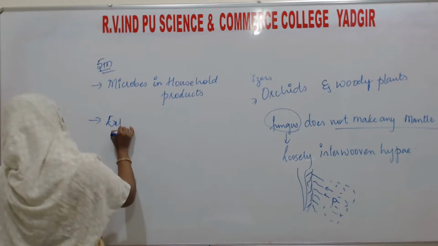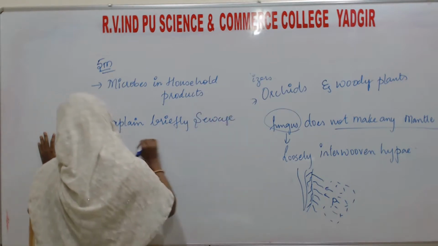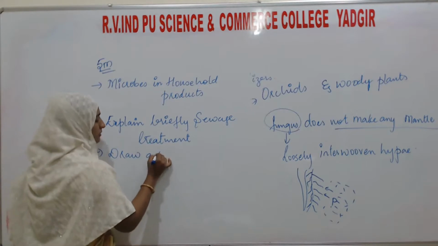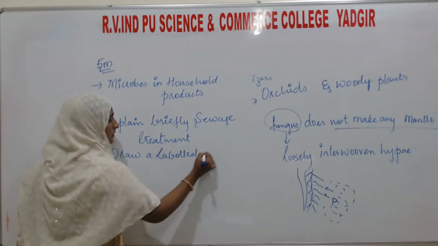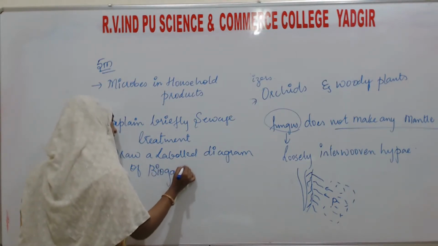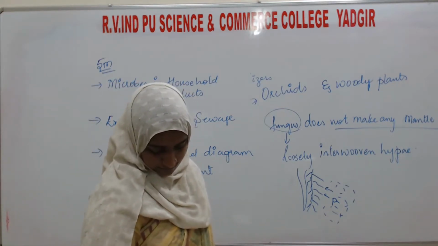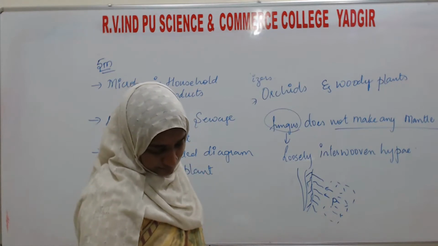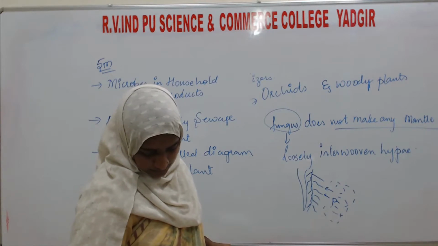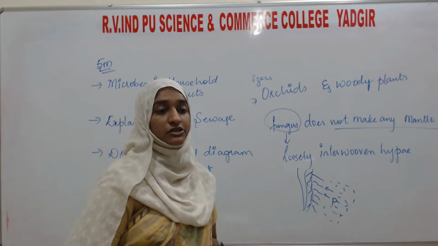Explain briefly sewage treatment. Then draw a labeled diagram of biogas plant. These 3 questions you have to solve.